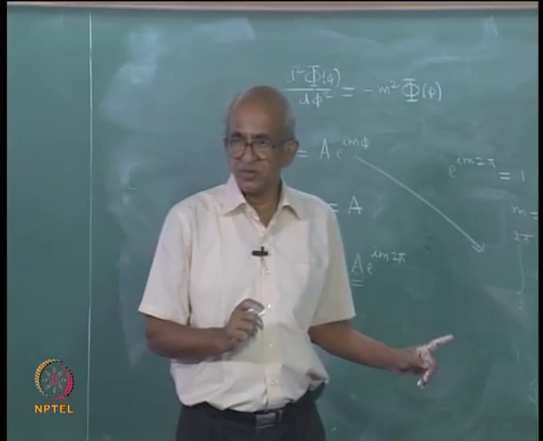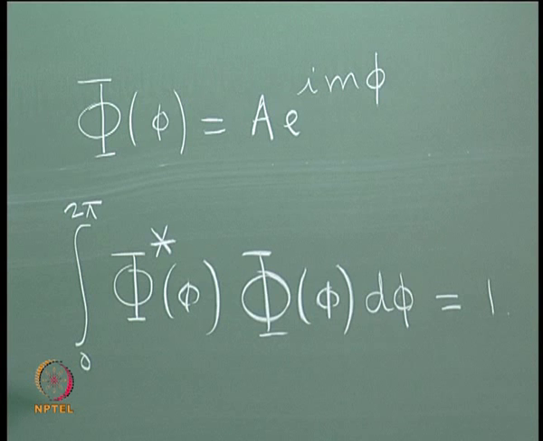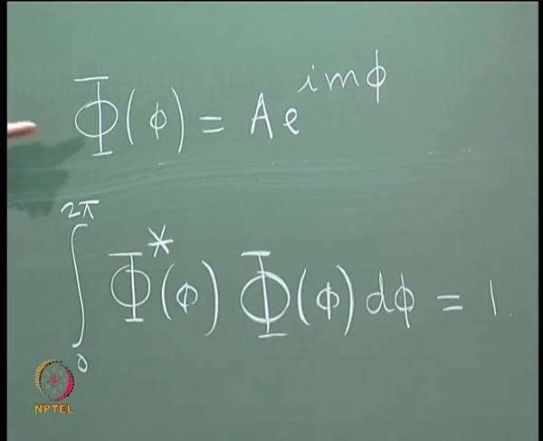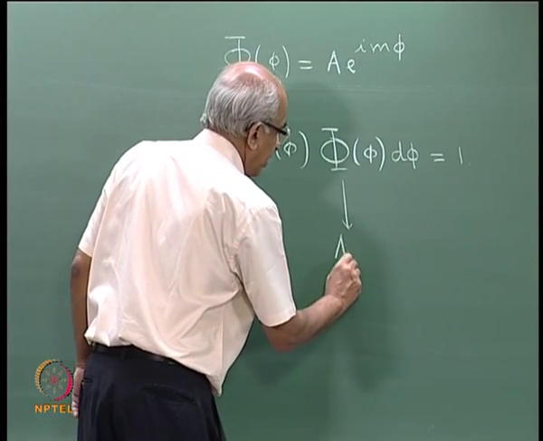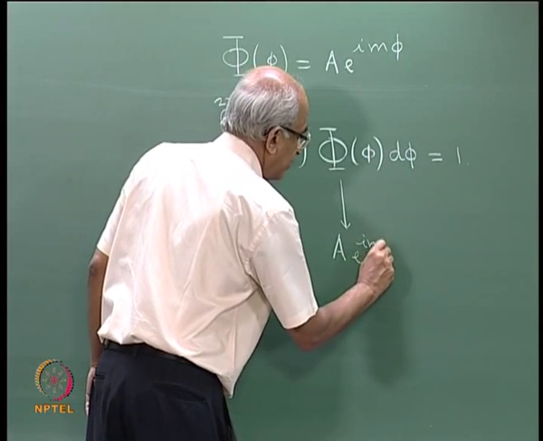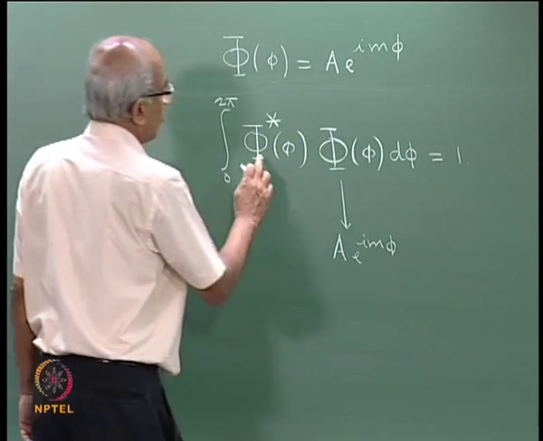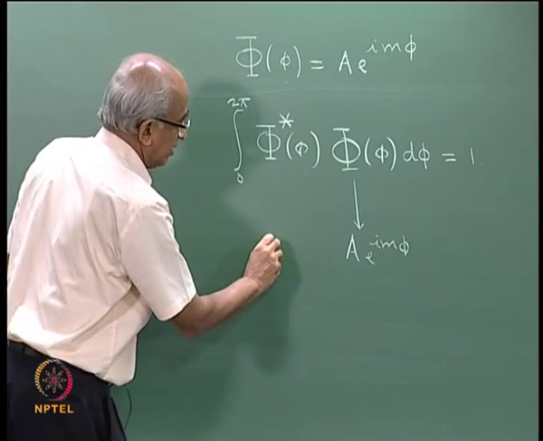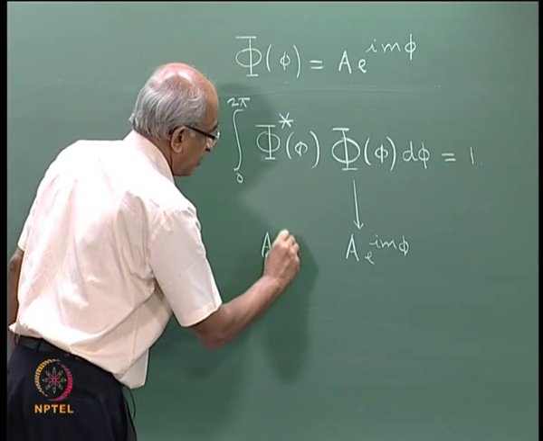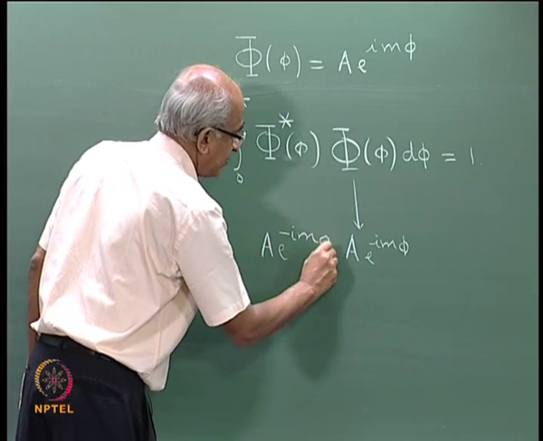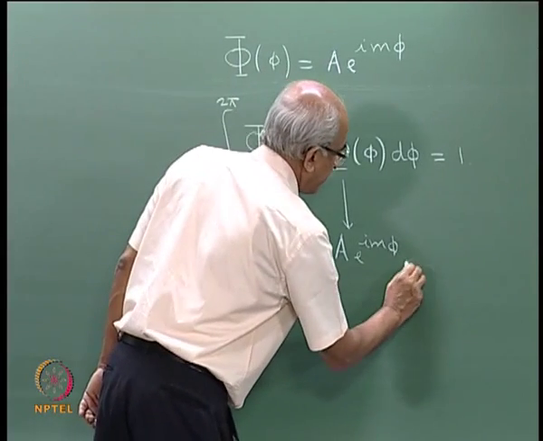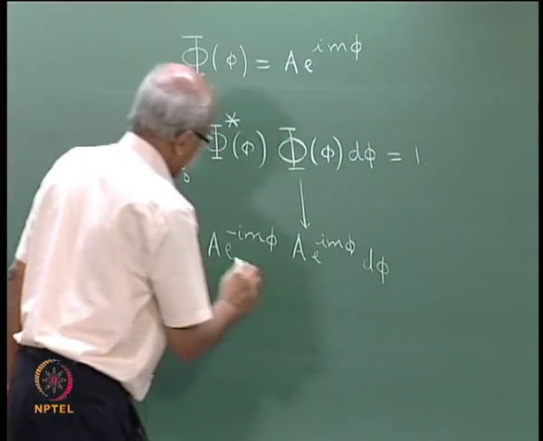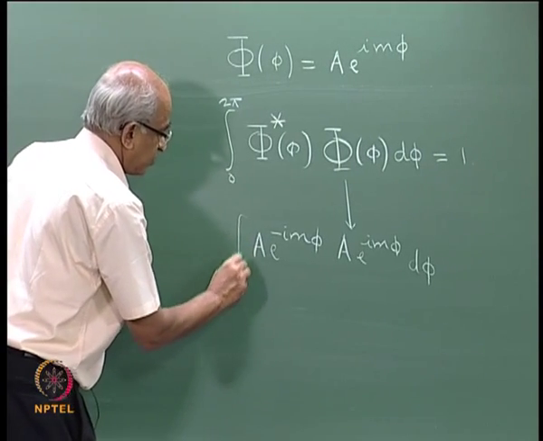This is what I have to do. So, if you use this condition for this particular function, this will be A e to the power of i m phi, complex conjugate of phi will be A e to the power of minus i m phi, and you have to multiply by d phi and integrate from 0 to 2 pi.